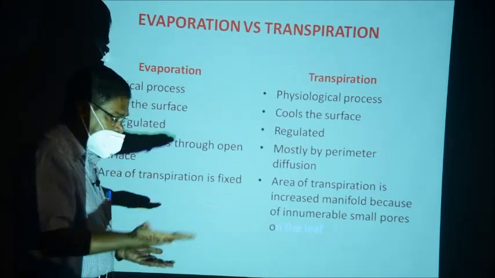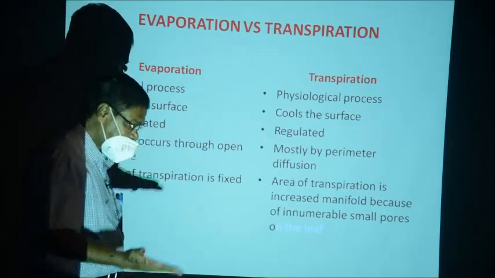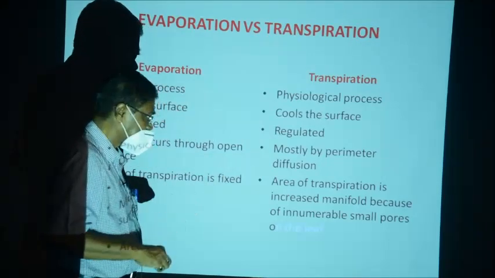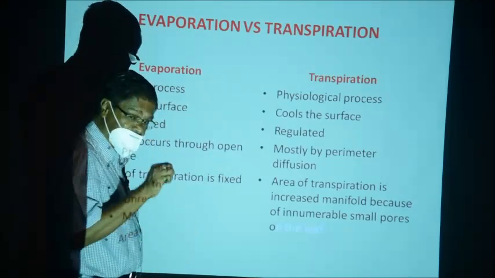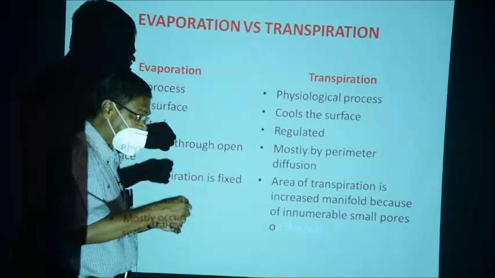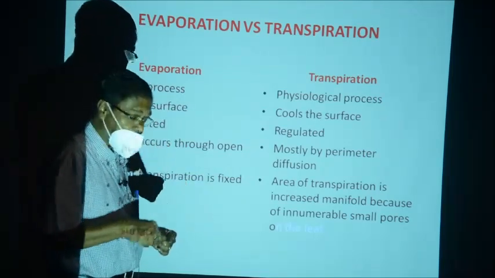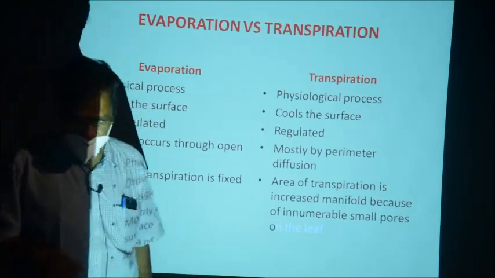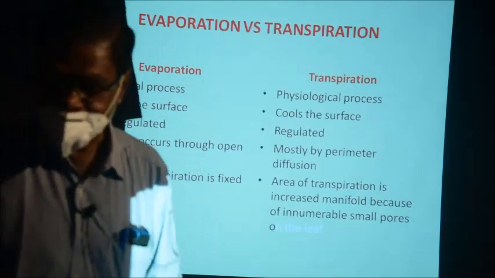Now, compare this membrane with a leaf: a membrane with a large number of pores. These pores are stomata. So, each pore increases the surface, and through each pore there is perimeter diffusion.